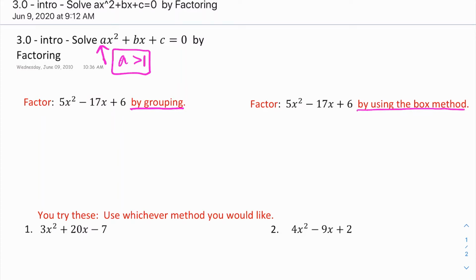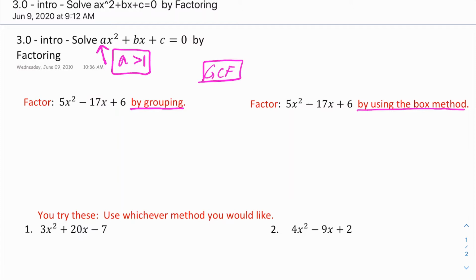They both work. However, with the box method, if you don't take out the greatest common factor first, you're going to get stuck sometimes. With the grouping method, even if you forget the greatest common factor, which should always be the first thing you do, it will still work.